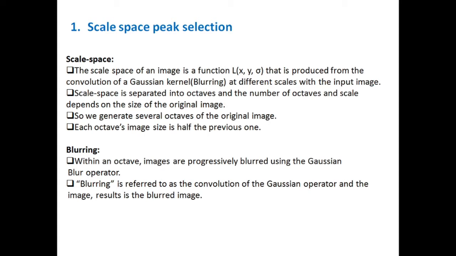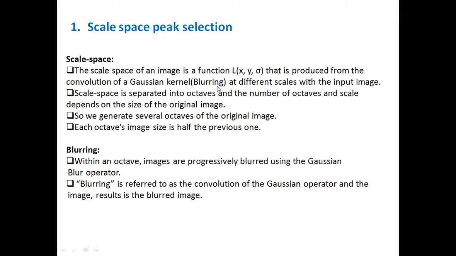So what actually is this scale space peak selection? The scale space of an image is a function L that is produced from the convolution of a Gaussian kernel at different scales with the input image.